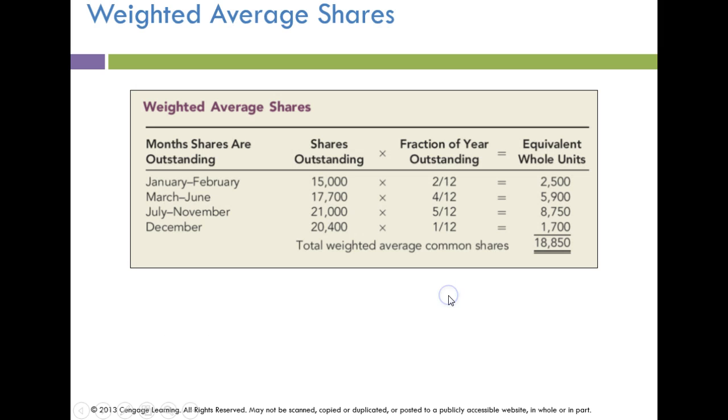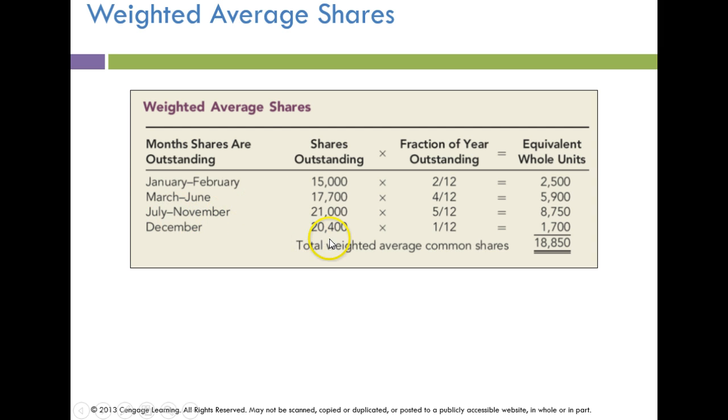So the way you can really do this, you see how in January and February, you had 2 months of 15,000 shares. And then from March through June, we added some shares in March, so we increased our shares. We had those for 4 months. Then in July through November, we added more shares.